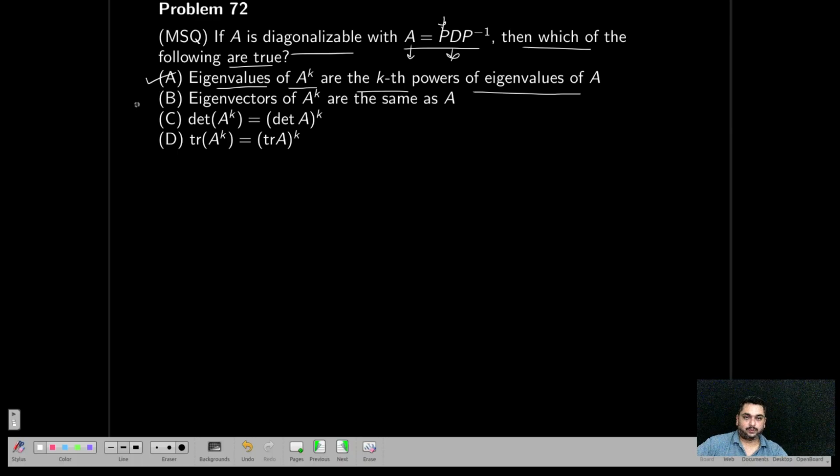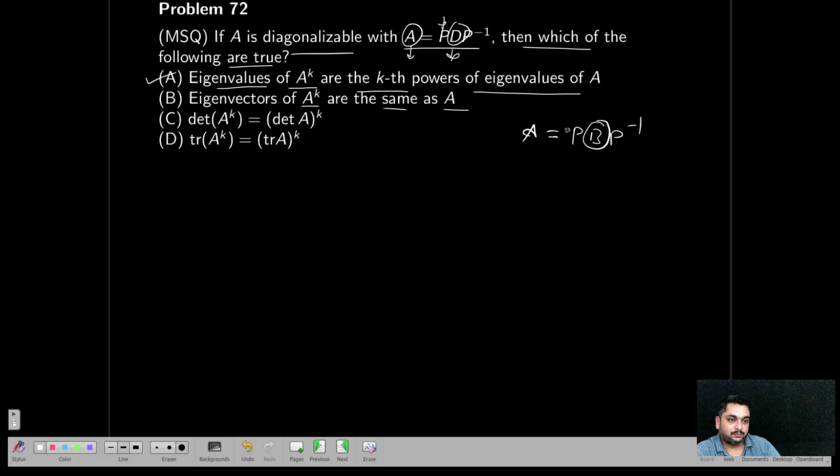That's how you solve. Then eigenvectors of A^k are the same as A. The eigenvectors are coming from the same matrix. So don't get confused with D and A. They are not asking about D. In the previous example you saw A is equal to P B P inverse.